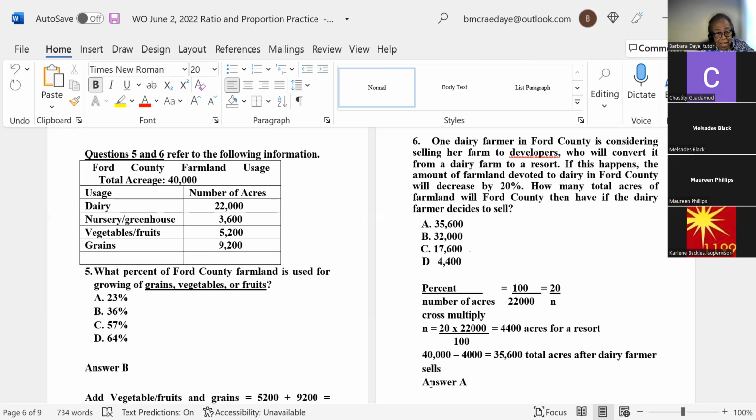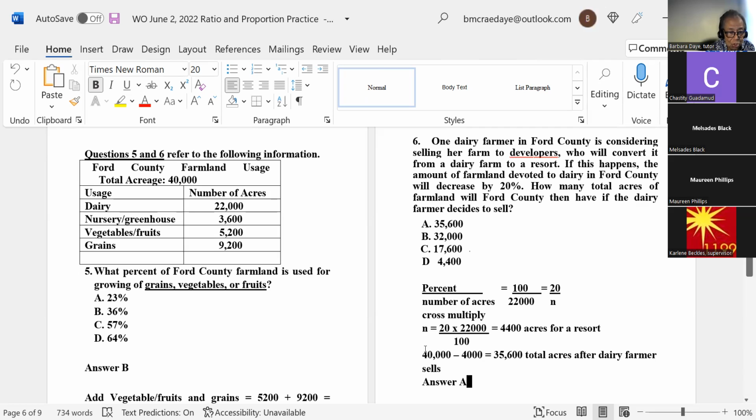Well, see, the 4,400, that's the decrease, because the dairy farmer sold to a developer. The developer will then take that dairy farm and make it into a resort. That's the 4,400 acres. So we started out with 40,000. A person sold, and it decreased by 20%. So 20% of the dairy, 22,000, gives you the 4,400.